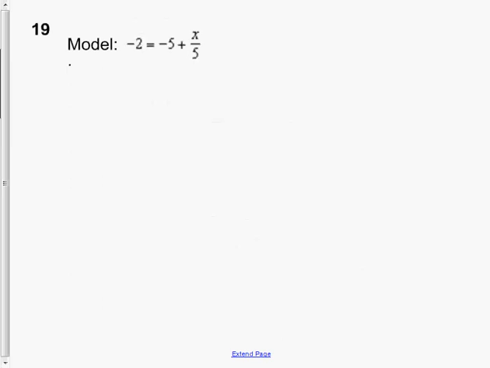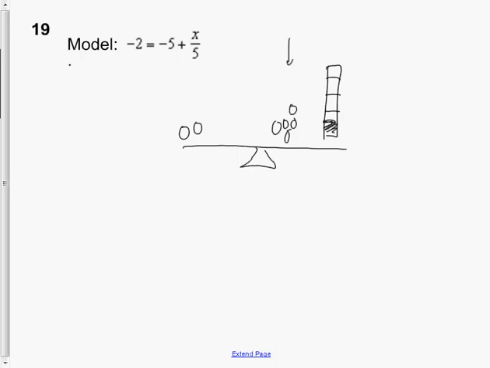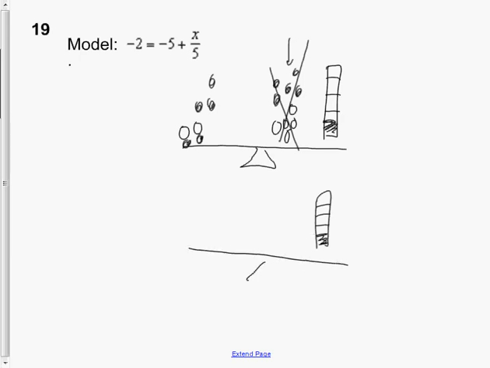In the next question, I have a -2 on this side, and a -5 on this side, and a fifth of x, which is 1, 2, 3, 4, a fifth of x looks like that. I want to get rid of my constant by adding 5 to both sides. And when I add 5 to this side, I have just a fifth of x left. And when I add 5 to this side, it makes 0 pairs here, I have 3. Now here's where things went a little wrong.